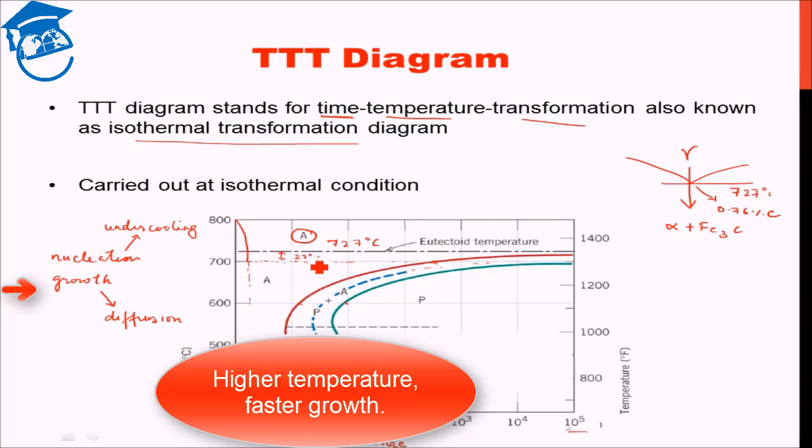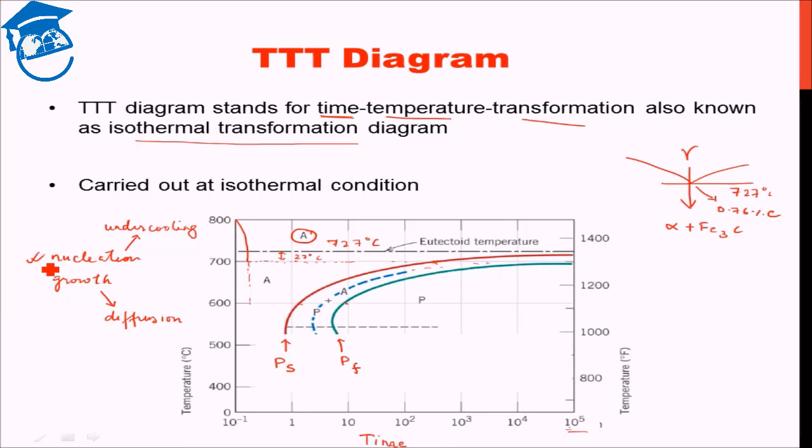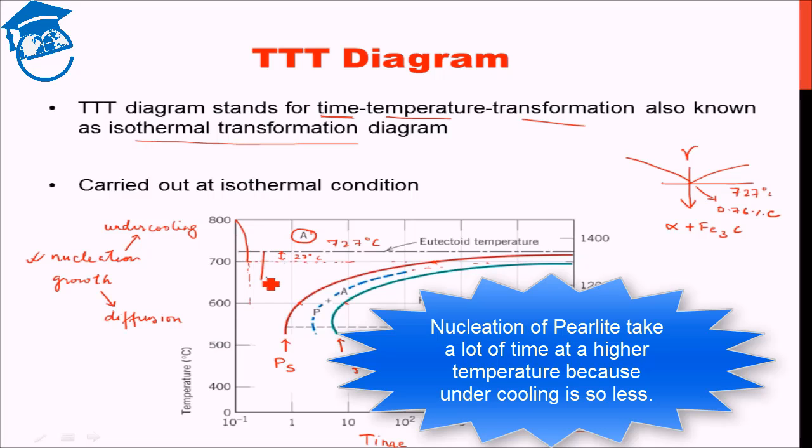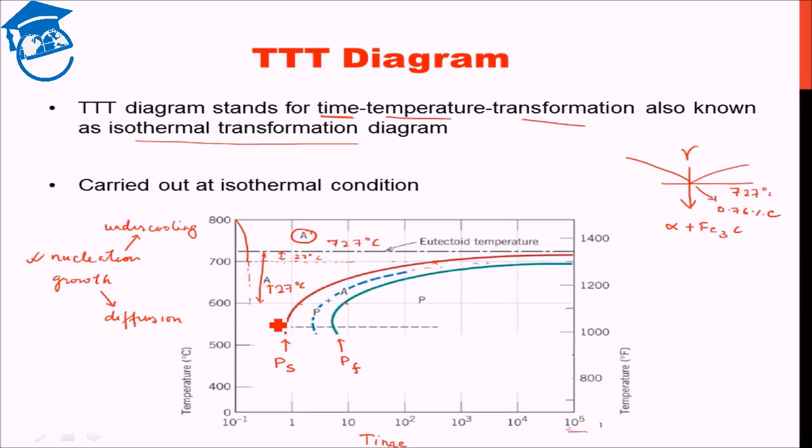So what exactly is happening here is that nucleation is kind of the deciding factor in how much time it will take. The nucleation of pearlite is taking a lot of time at higher temperature because the undercooling is quite less. At 700 degrees Celsius we have 27 degrees undercooling, whereas at 600 degrees Celsius we have 127 degrees Celsius undercooling.